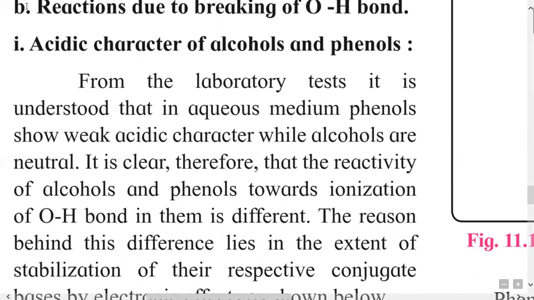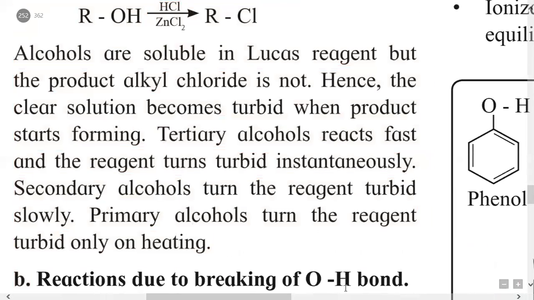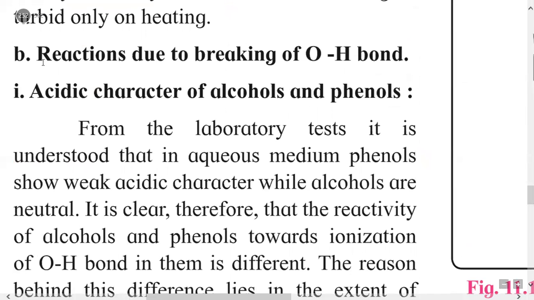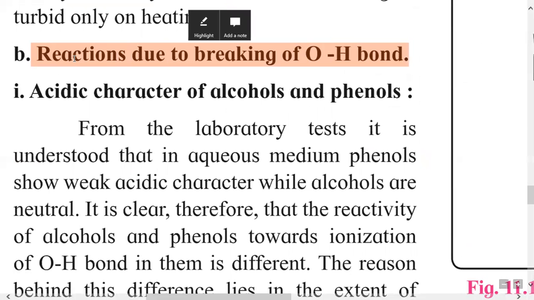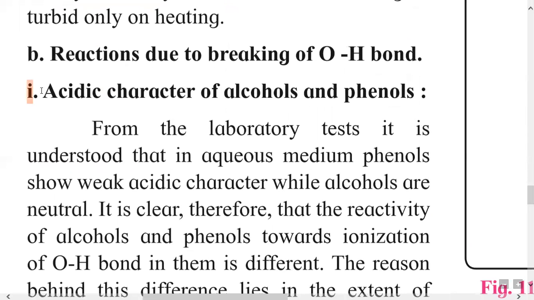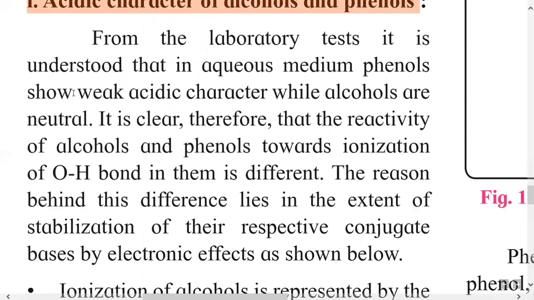Now the second type of reactions of alcohols given in our syllabus is reactions due to breaking of the O-H bond, that is the bond between oxygen and hydrogen in alcohol and phenol. The first property under this is the acidic character of alcohol and phenol.